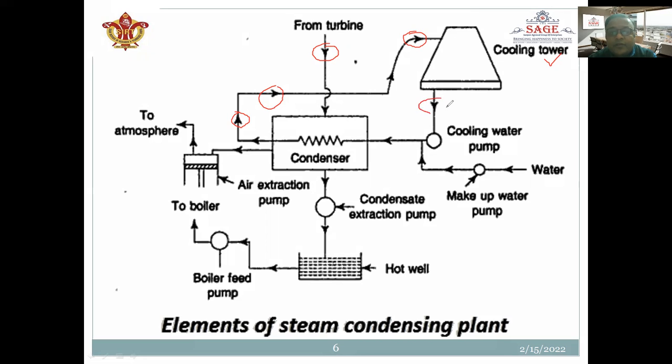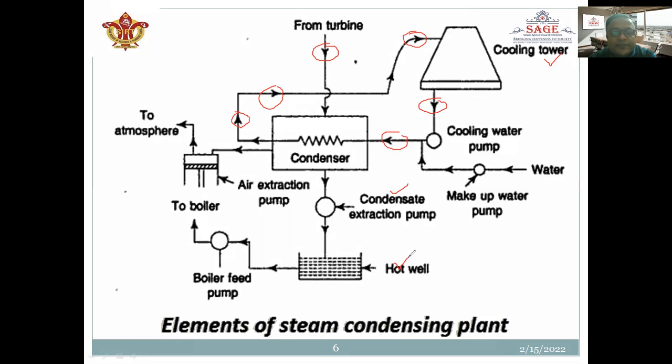And this cold water is supplied to the condenser unit, which works as the condensing accessory used for condensing the hot substance passing from the turbine side. After that, the condensate collected from the condenser unit is extracted by the condensate extraction pump and accumulated in the hot well.